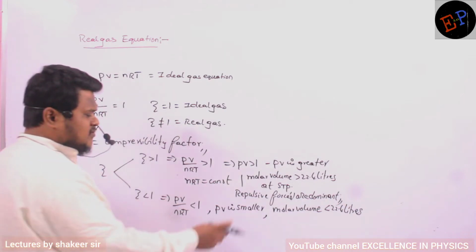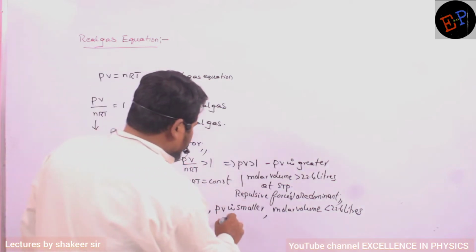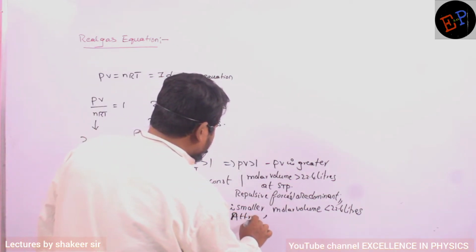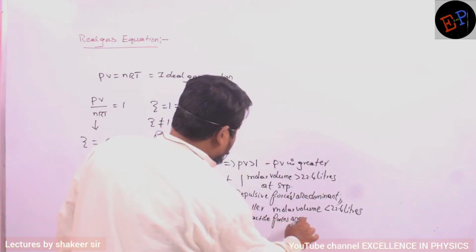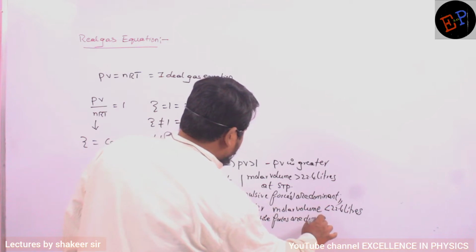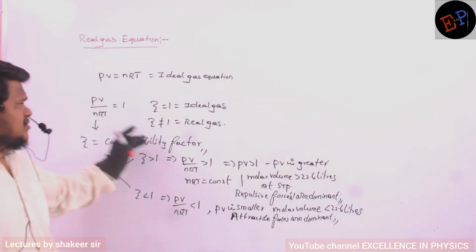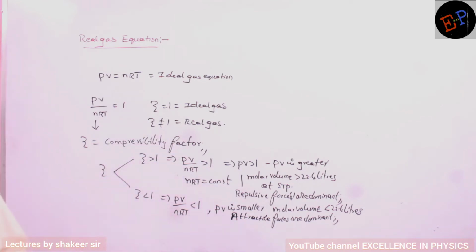It means volume is reducing in this condition. If volume is reducing, it also means that repulsive forces are not dominant, but attractive forces are dominant. So this is a small discussion on Z value, which is called the compressibility factor. Make a note up to here.